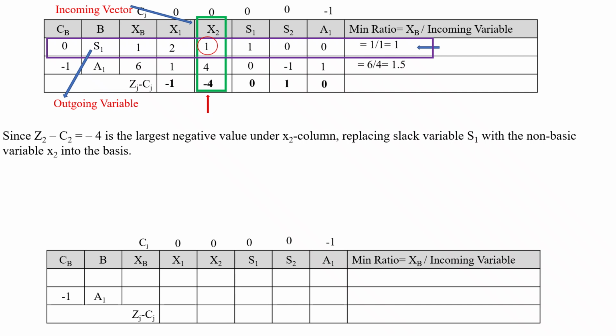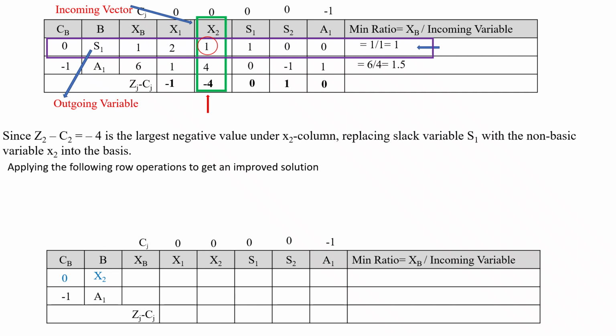Here Z2 minus C2, which is minus 4, is the most negative value under the X2 column, and we are replacing the slack variable, that is the outgoing variable S1, with the incoming variable X2 in the basis. So write down X2 in the basis and also write down the CB value as 0 because its cost coefficient is 0.